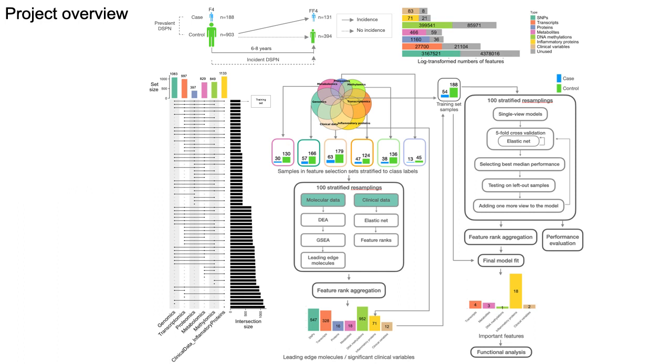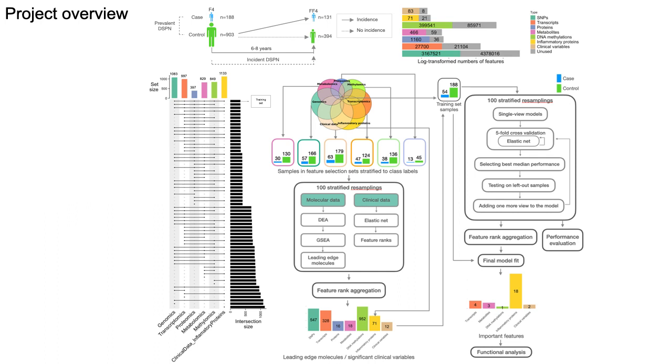Then, for example, if I get genomics, I test the genomics model on left out samples, and then I try to add more features to the genomics model by also doing 5-fold cross-validation to test all of the possible combinations including genomics, and keep going in this loop until I add all of the features to the models.